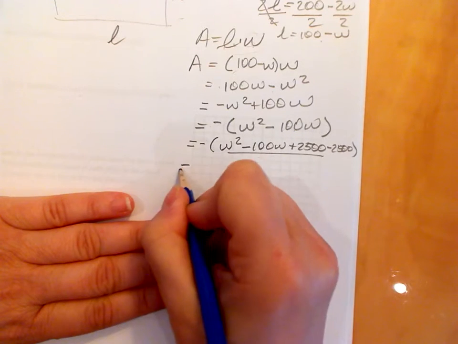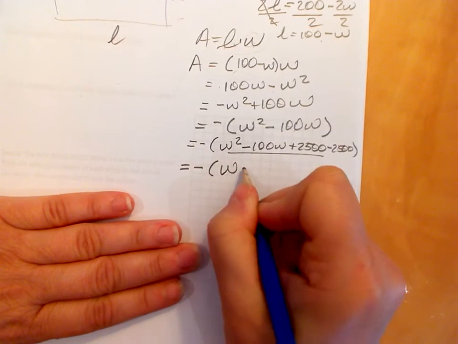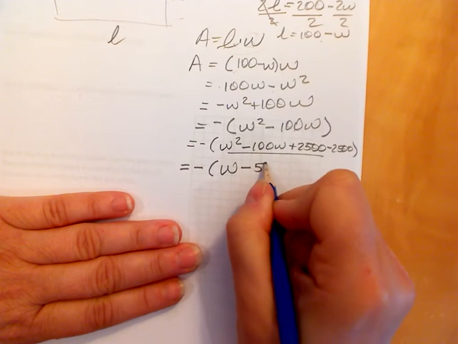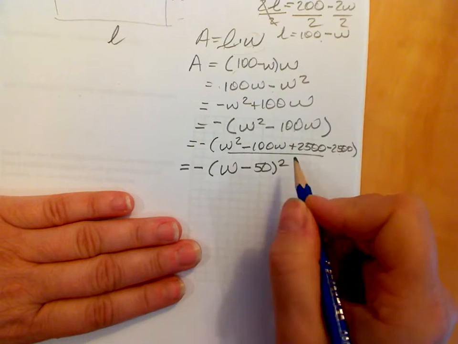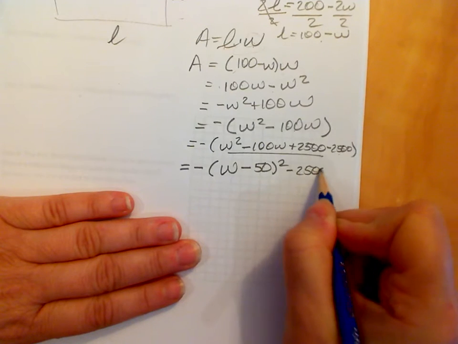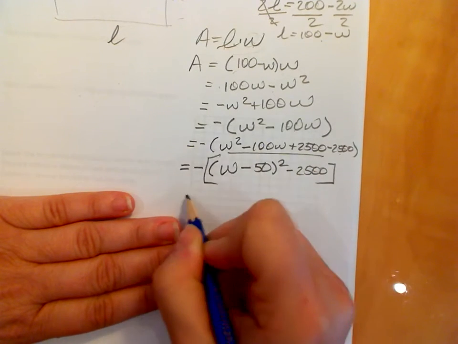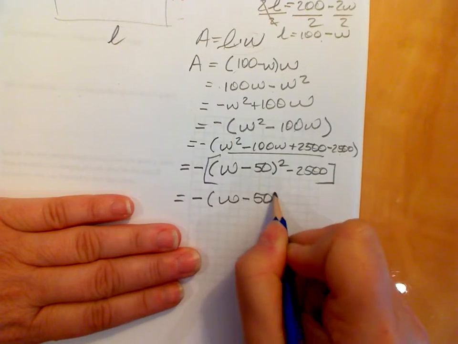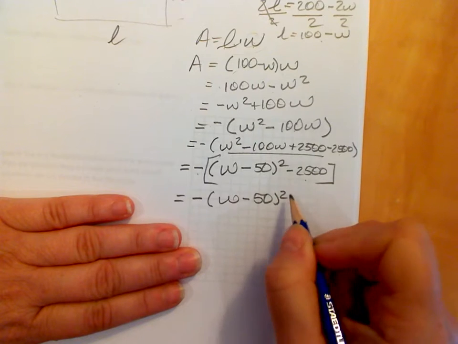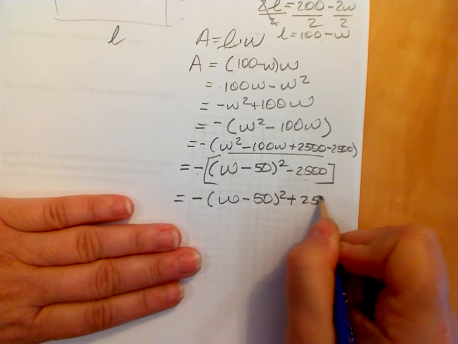Take those first three, and I will have W minus half of that was 50. And then I've got this minus 2,500. And then I'm going to do minus 1 times minus 2,500 is positive 2,500.